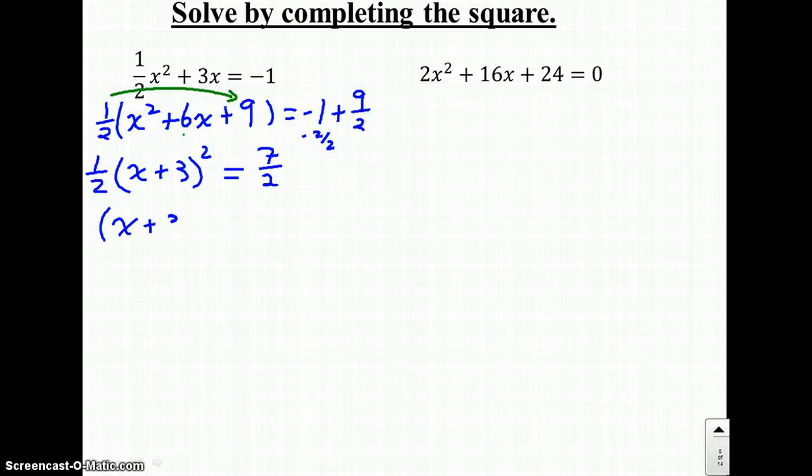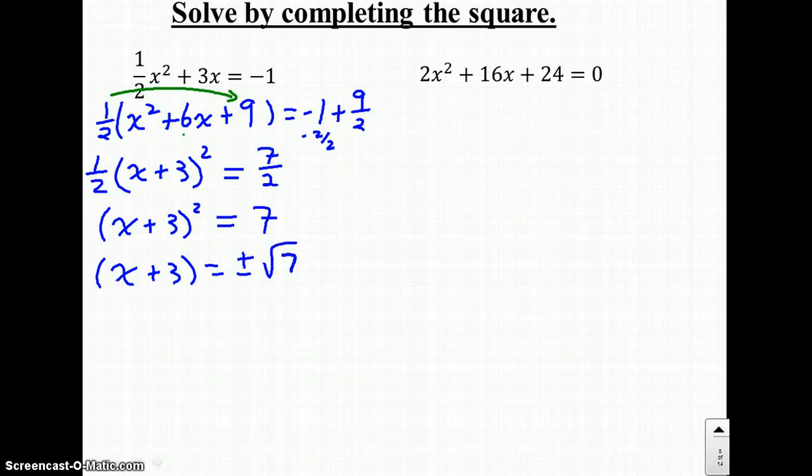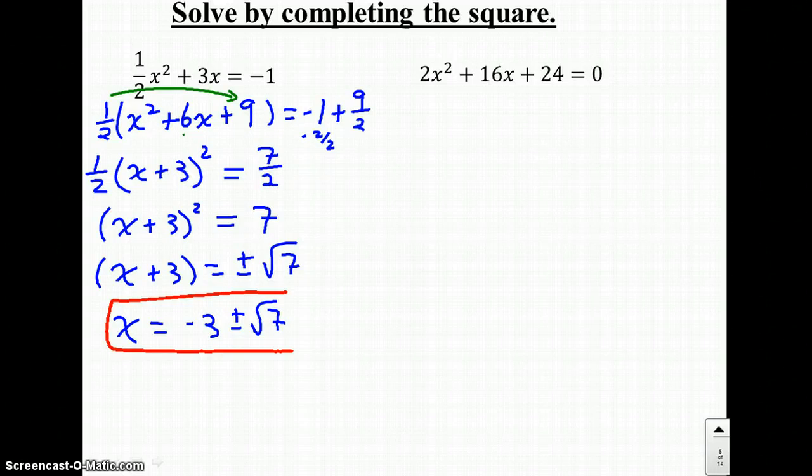So I multiply both sides of these equations by 2. I get x plus 3 all squared equals 7. Now I can take the square root of both sides. Don't forget the plus and minus. And I'm going to subtract 3 from both sides. There's a solution to this quadratic equation.